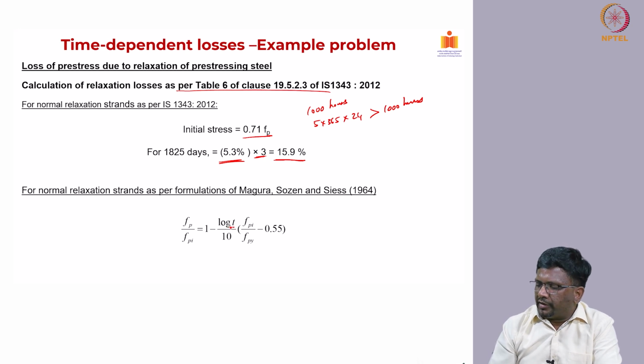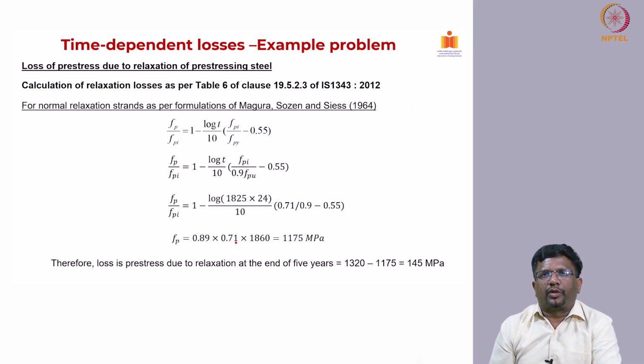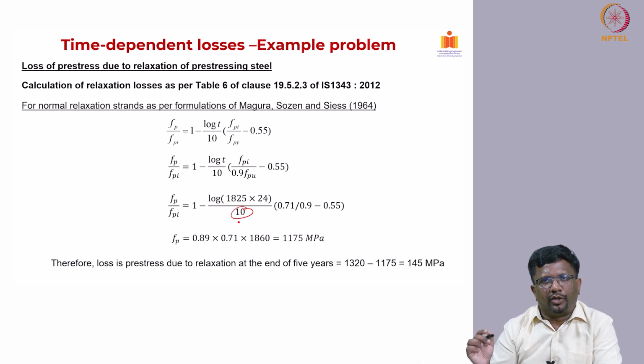and T is given in hours, FPI is the initial stress, FPY is the yield stress. If you plug in this equation, you will get your actual stress after the loss. Here we are assuming that we are using a stress relieved strand. If you are using a low relaxation strand, this value will become 45, as we discussed in the previous slide.